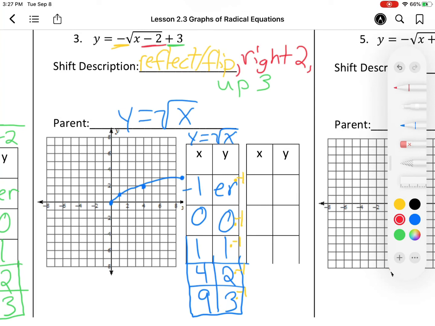So if I want to move right 2, I'm going to add 2. Lastly, up 3 is affecting my y's. It's on the outside. So I'm going to add 3 to all of my y values.